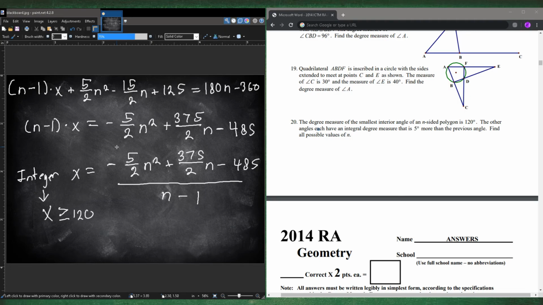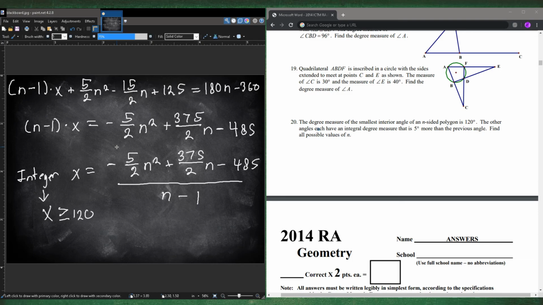So let's see. Negative 5 over 2, so negative 2.5, times x squared, plus 375 divided by 2 times x, minus 485, divided by x minus 1.